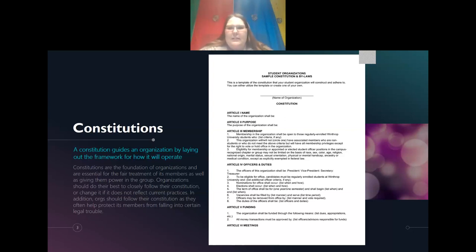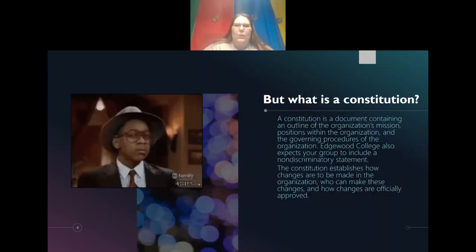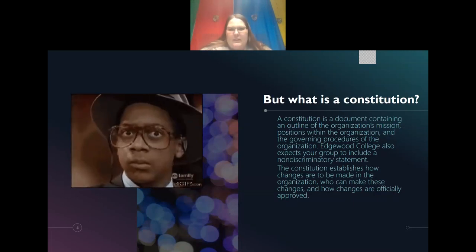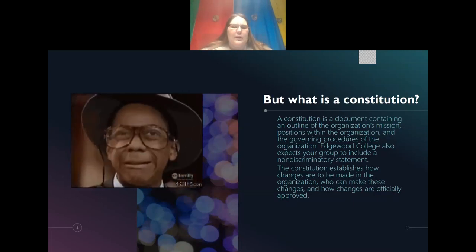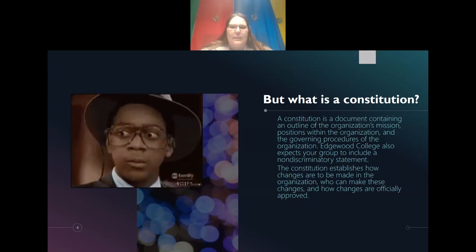On this slide, you can see an example of what a typical student organization constitution will look like, including the different articles and the organization title listed at the top. So what is a constitution? Now, this is going to be specific for any groups that are new or thinking about starting a new org on Edgewood.